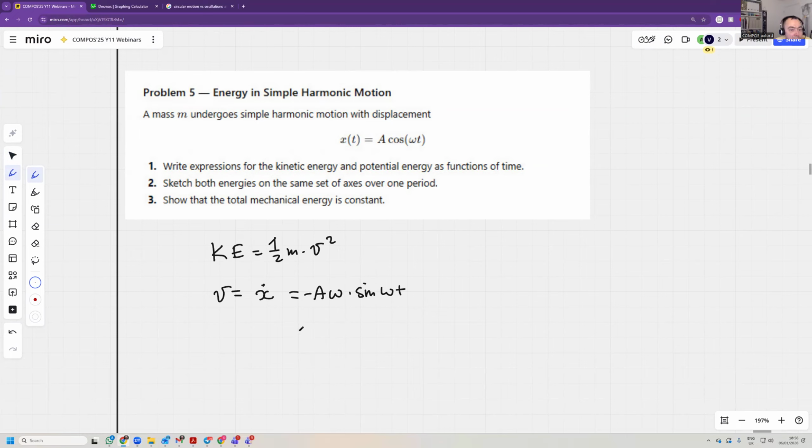And then I can square that. So v squared is a squared omega squared multiplied by sine squared omega t. So kinetic energy is equal to 1/2 multiplied by m multiplied by a squared omega squared sine squared omega t.